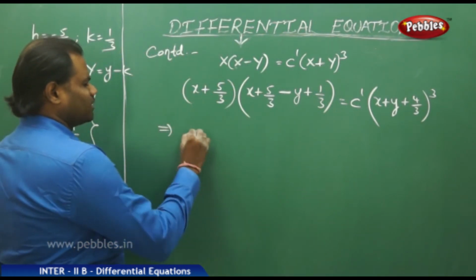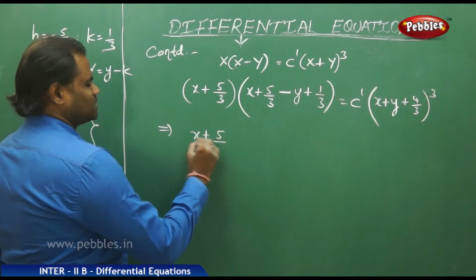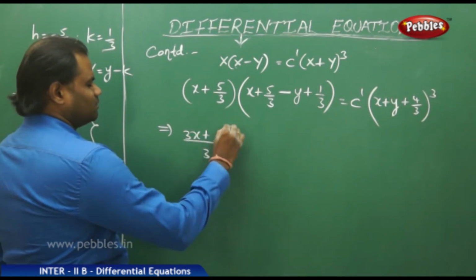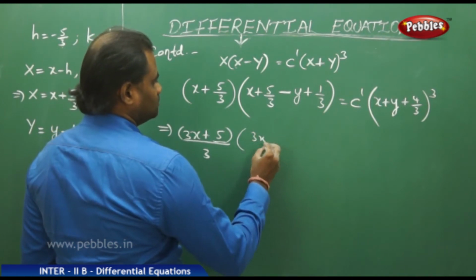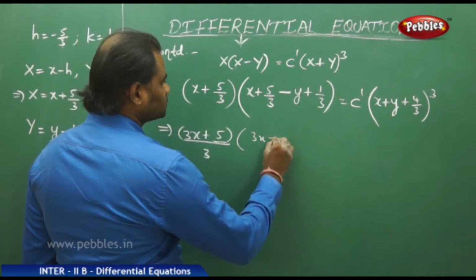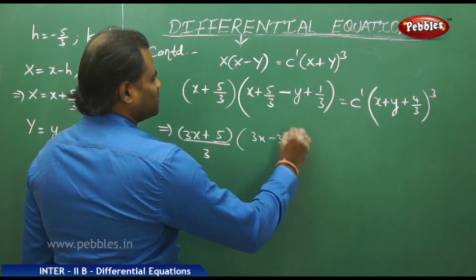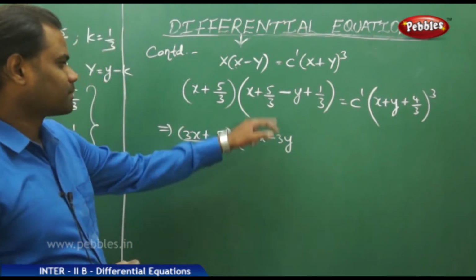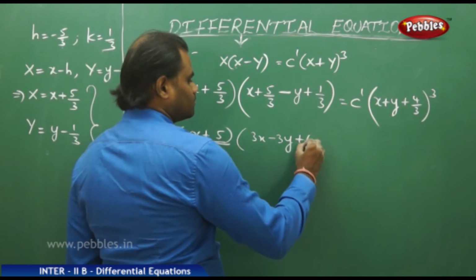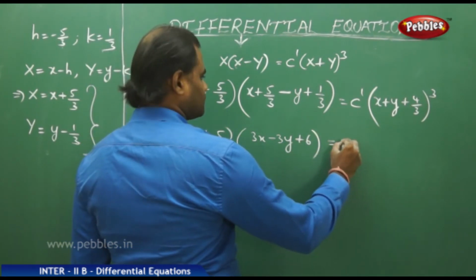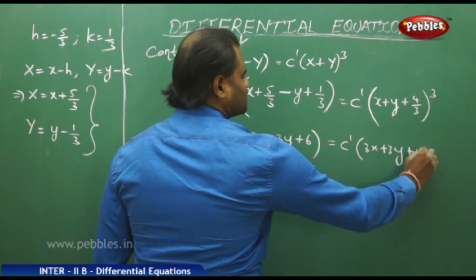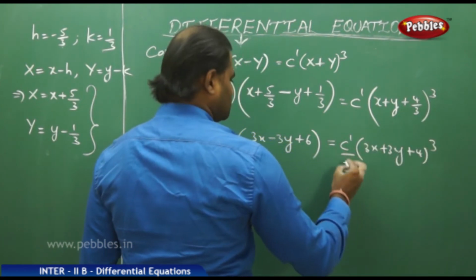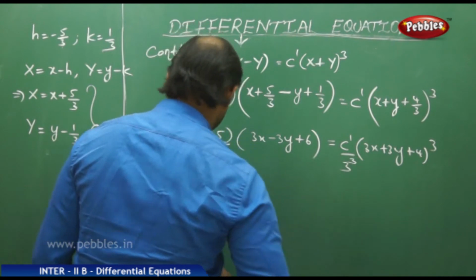This, on further simplification, (3x plus 5) by 3 times (3x minus 3y plus 6) by 3 equals c dash of (3x plus 3y plus 4) whole cube by 3 cube.